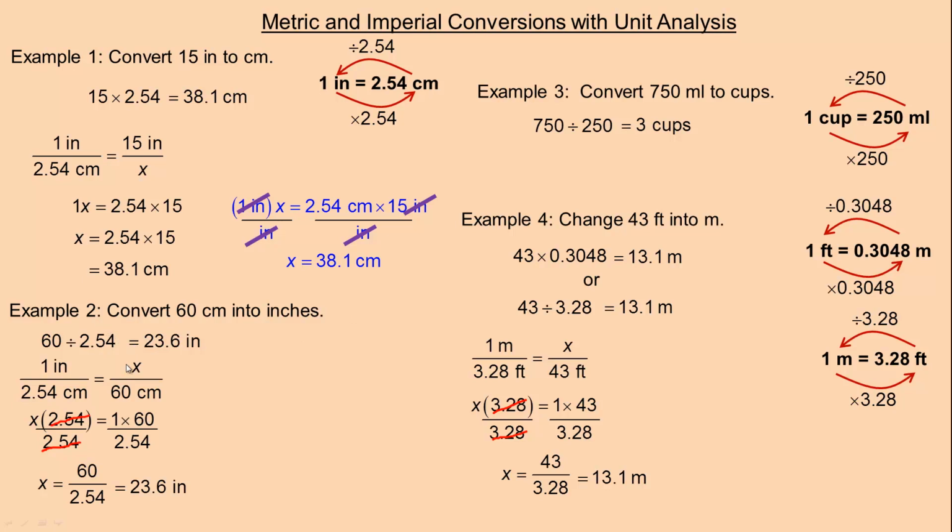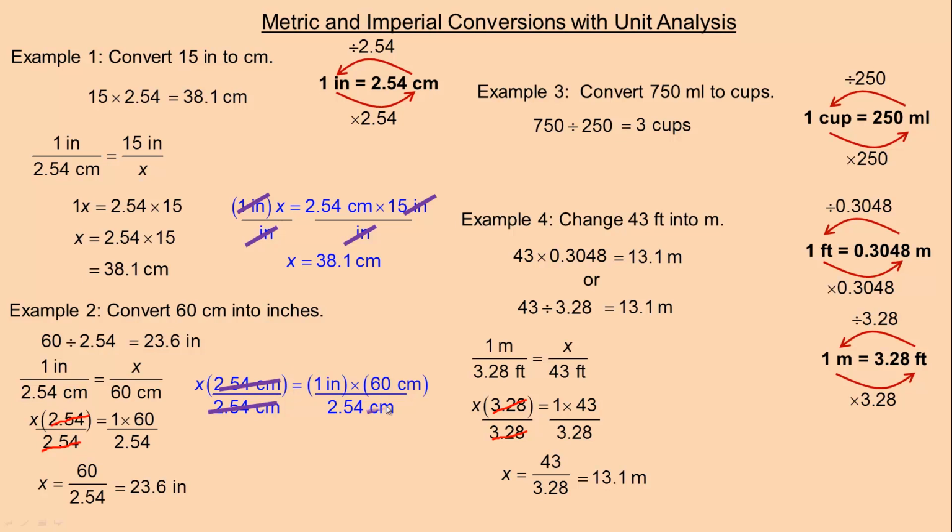Second one here, this was my cross multiplying step, but I'm going to leave the units in. So x times the 2.54 centimeters is equal to the product of the 1 inch here and the 60 centimeters. I want to isolate for x, so I'm going to divide out the 2.54 centimeters, and of course those will divide out.